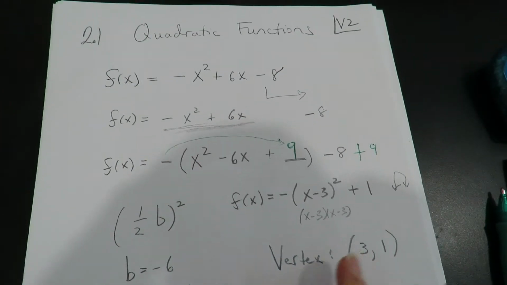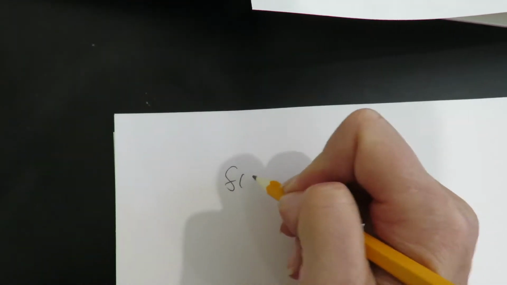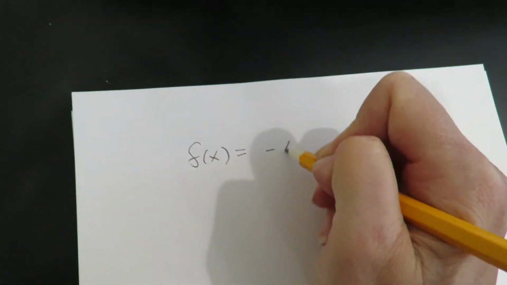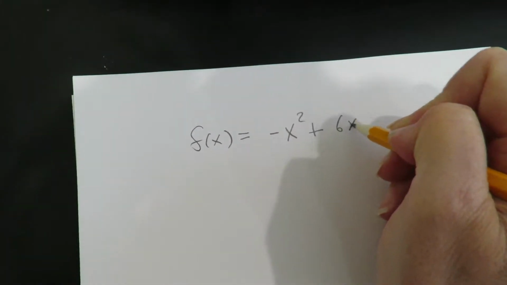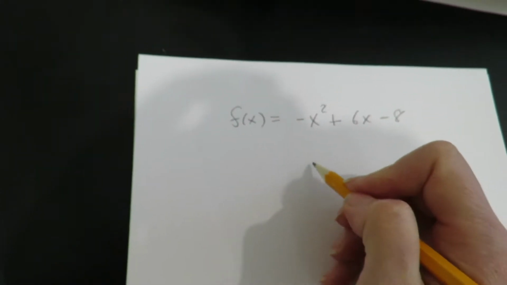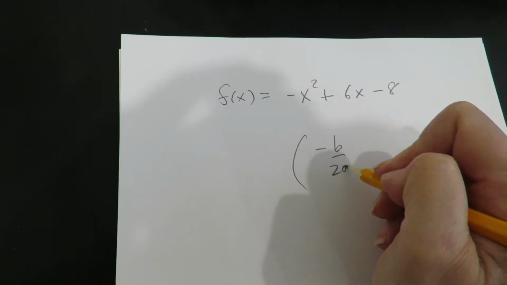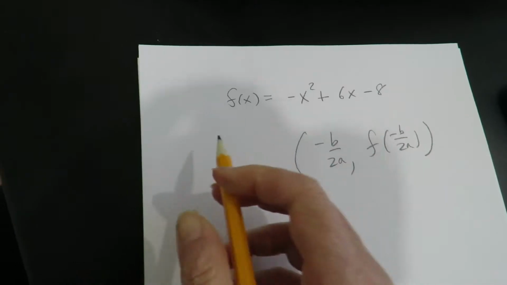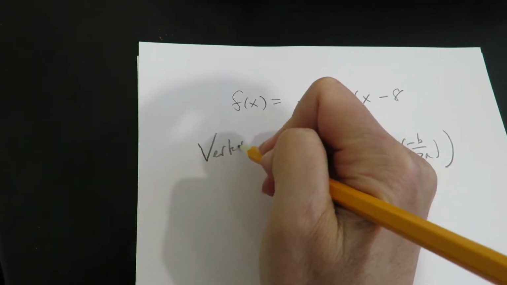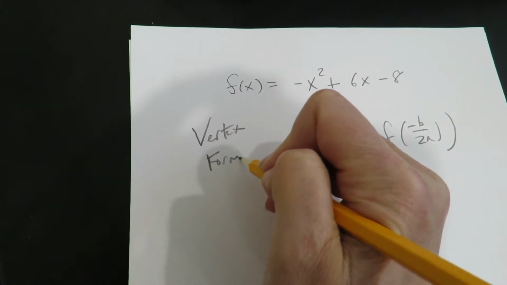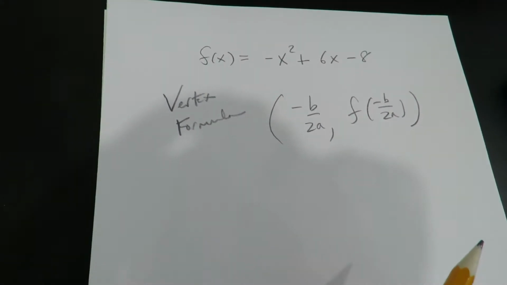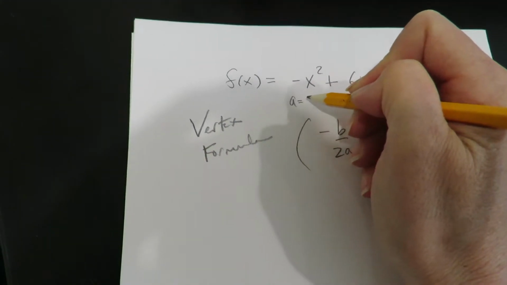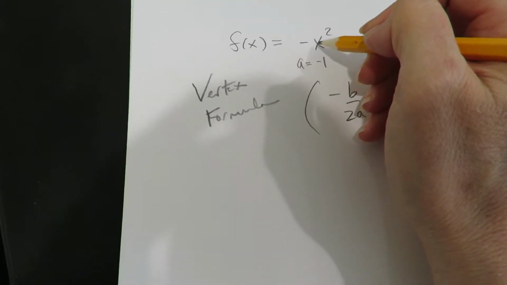It's frowning. Let me do it by the formula for those of you who would like to see that one more time. So the vertex formula, and again, A is the coefficient of the quadratic term.